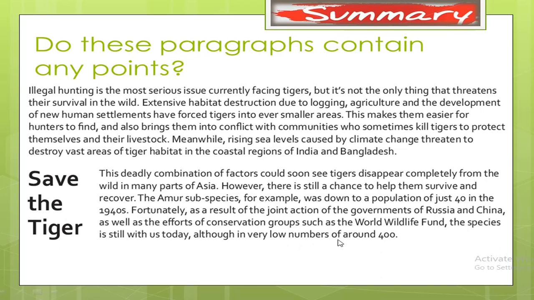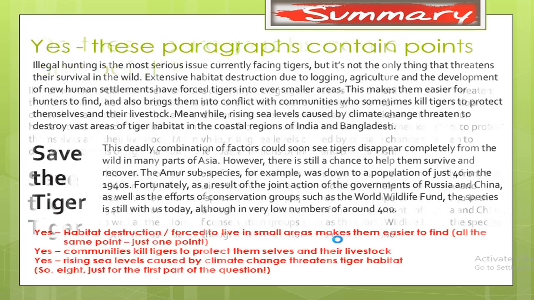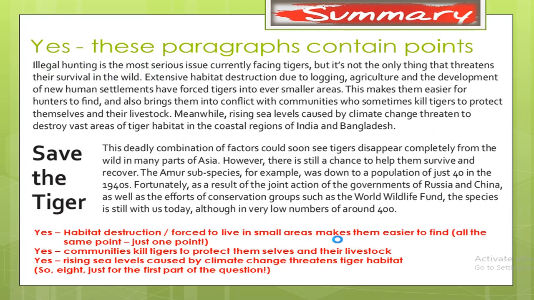So, does this area contain any points? Let's see. Surely there are. Habitat destruction is mentioned here. Extensive habitat destruction due to logging, forced to live in small areas, make them easier to find, are the same points. And communities kill tigers to protect themselves or their livestock.